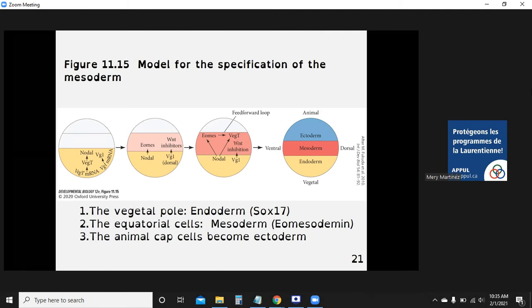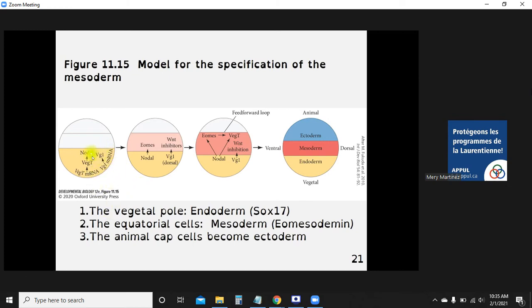So we have a huge cascade here between nodal type, okay, but all starting with the VegT that is expressed in the vegetal hemisphere, an expression of nodal, and this one is also going to express VEG1 that will specify the formation of the endoderm and of course the mesoderm. So all of these are important. At the blastula, a little bit more into the late blastula, not gastrula yet, that VEG1 mRNA is translated into VEG1.